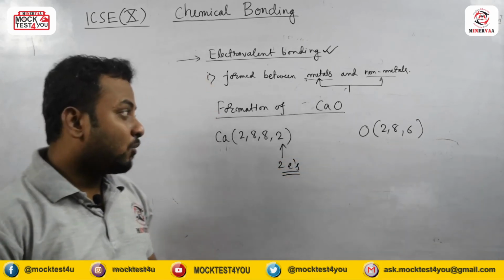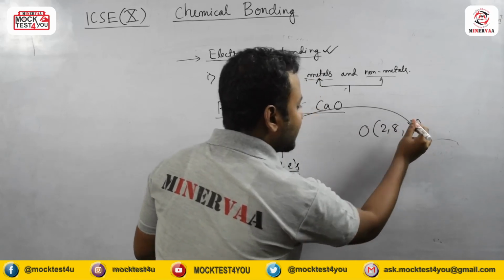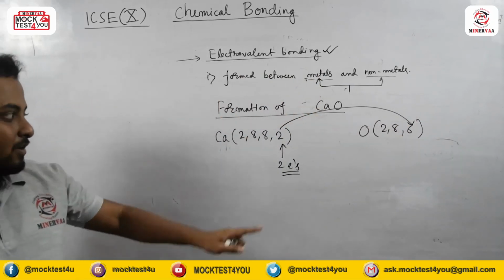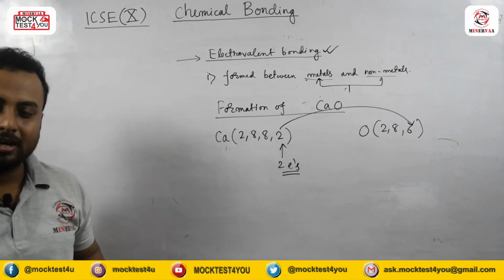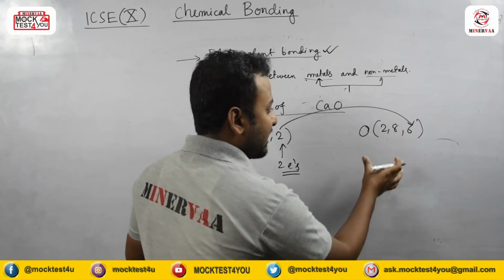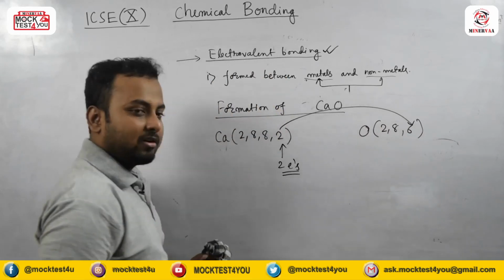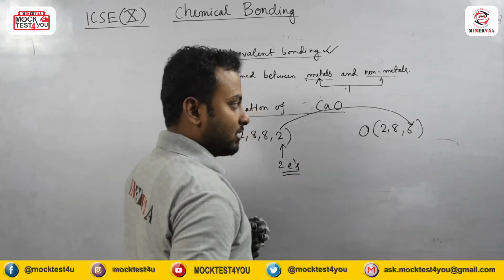So what will happen? Calcium will give out its 2 electrons to oxygen. Calcium will attain the octet configuration, and when oxygen receives those 2 electrons, it will also attain the octet configuration, and by that stability occurs.